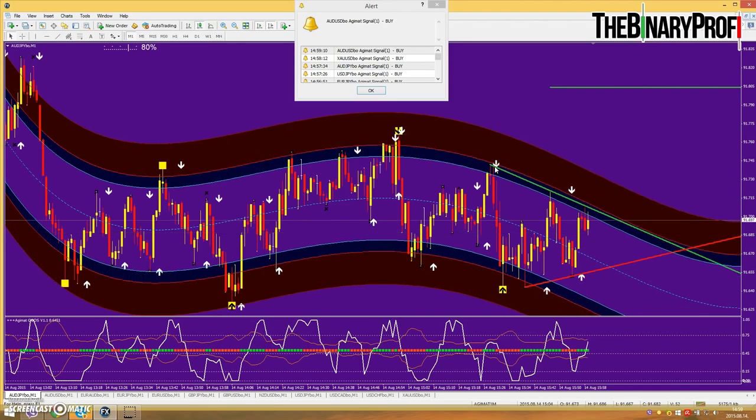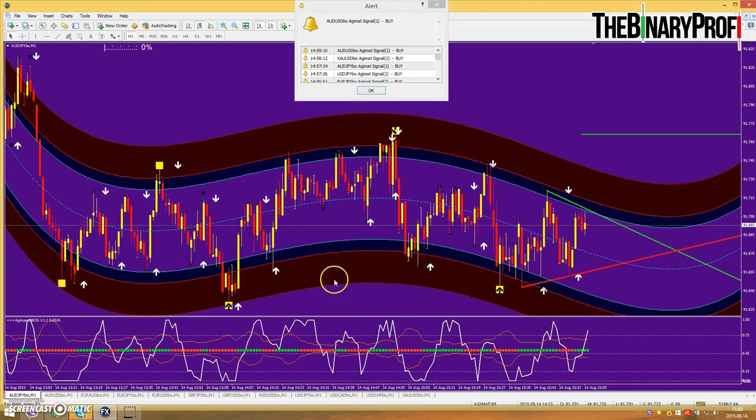One of the most important rules of the system is that you should check first the candles and you should check the red channels, these red channels here, upstairs and the downside as well.